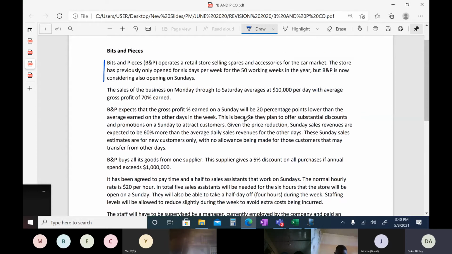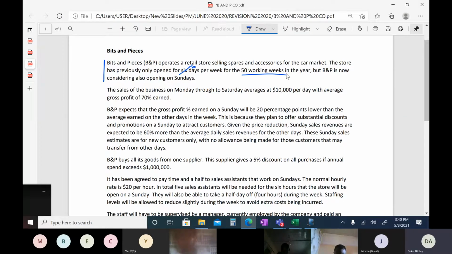It says Bits and Pieces, B&P, operates a retail store selling spares and accessories for the car market. The store has previously only opened for 6 days per week for 50 working days. Don't make it 52. They said 50 working days in the year.